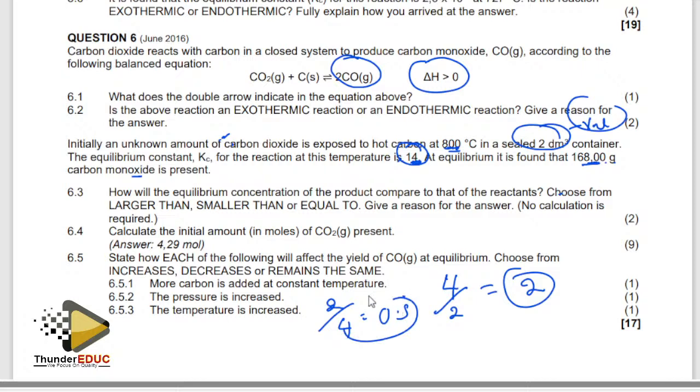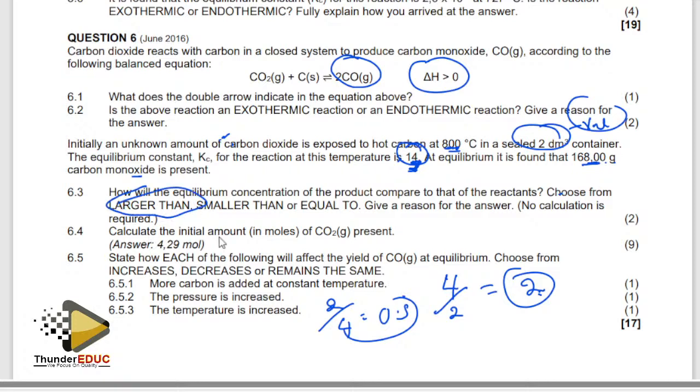So if the product is bigger, then the Kc is gonna be bigger. In this case, you'll find out that the product is big. That's why the Kc value is much higher. Is it clear? Then the answer is gonna be larger than.